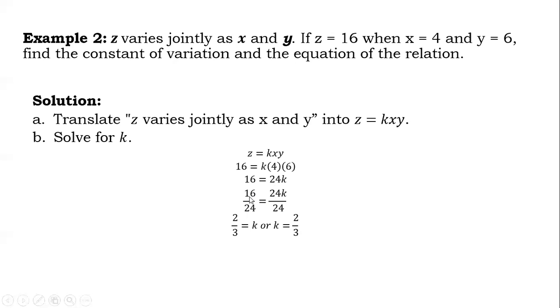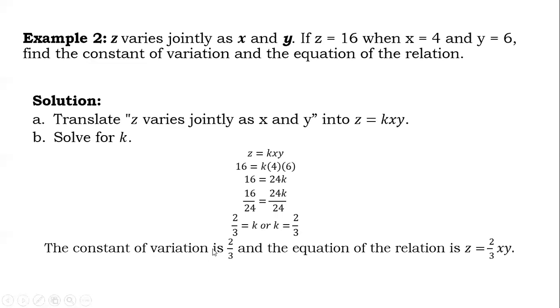Since we have 16 over 24, we can reduce it to the lowest terms to get the value of k. The lowest term is 2 over 3, and this is the value of our k. From this, we can now write the equation of the relation, or equation of variation.